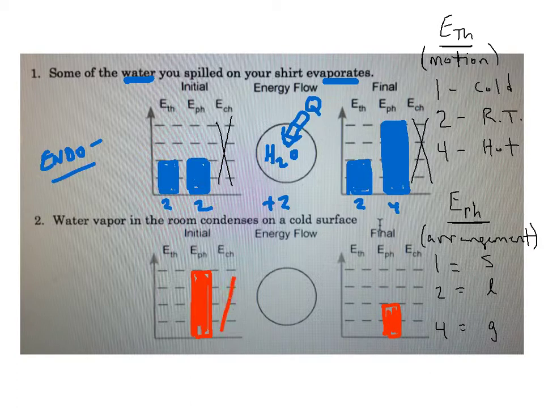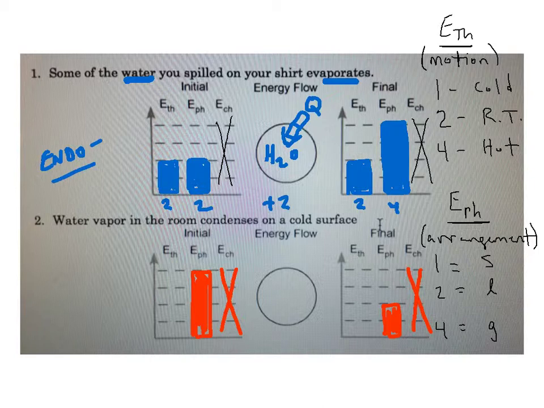Okay, we're not going to worry about our chemical energy account, so we can either just leave it empty or cross it out. But the water vapor in the room, if it's in the room, it's at room temperature. Or is it? Was it heated up? Are we given any real information about the vapor?